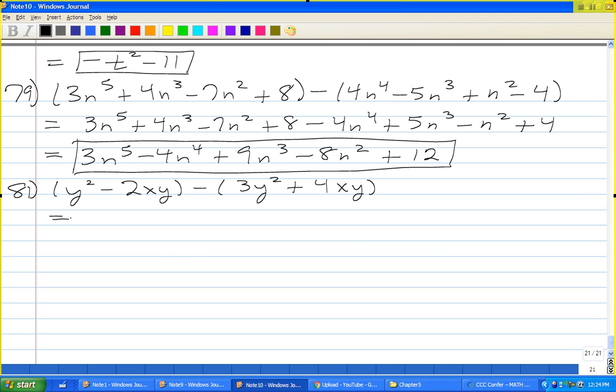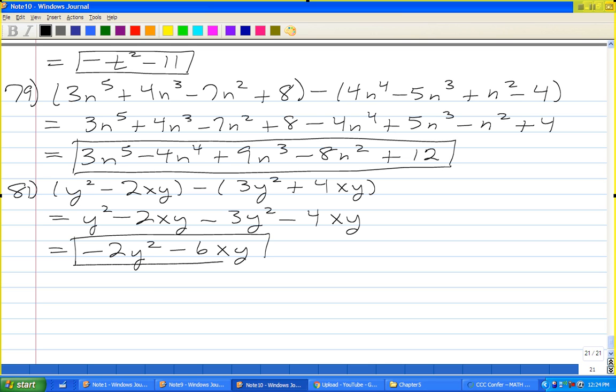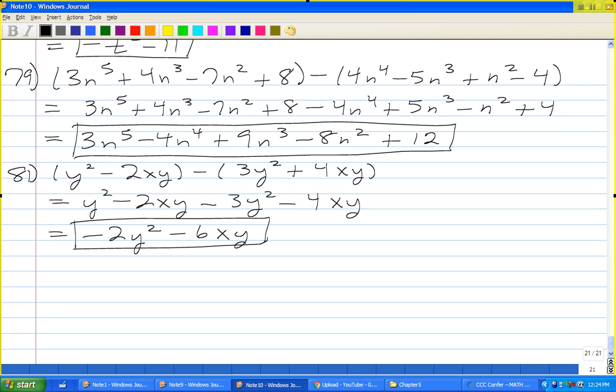So this is equal to, get rid of all the parentheses, y squared minus 2xy minus 3y squared minus 4xy. y squared minus 3y squared is minus 2y squared. Minus 2xy minus 4xy is minus 6xy.